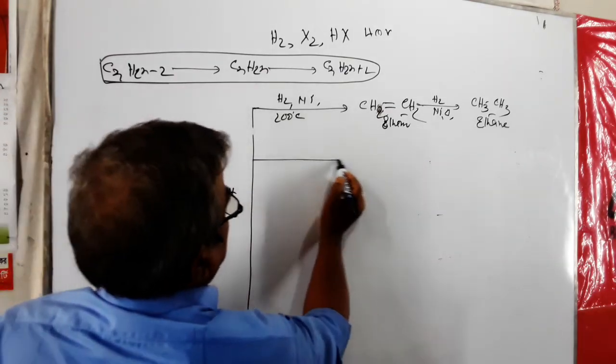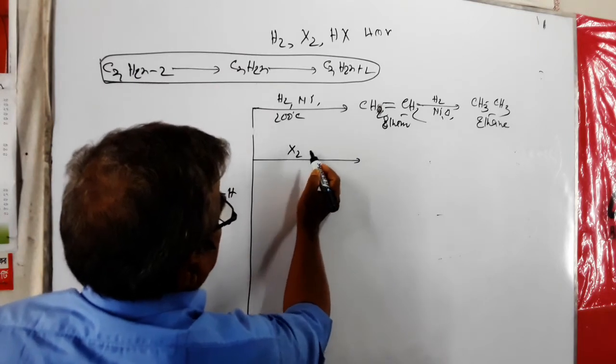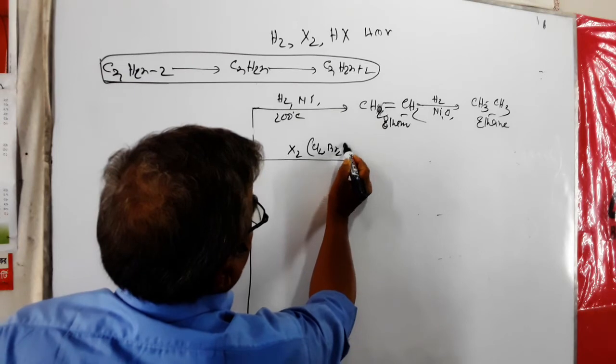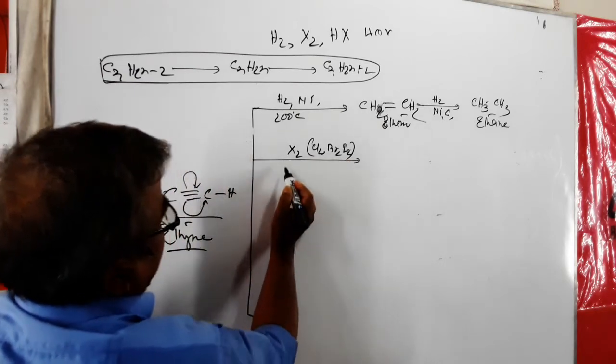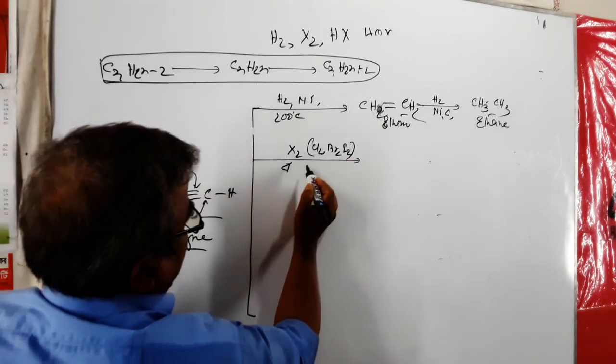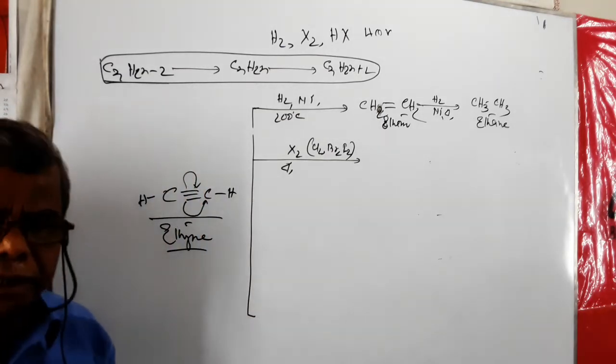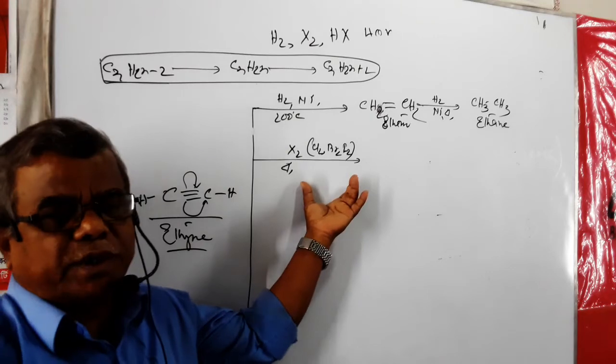Again, if we take halogen, that may be chlorine, bromine and iodine, in the presence of light, that is ultraviolet light, in diffused sunlight.